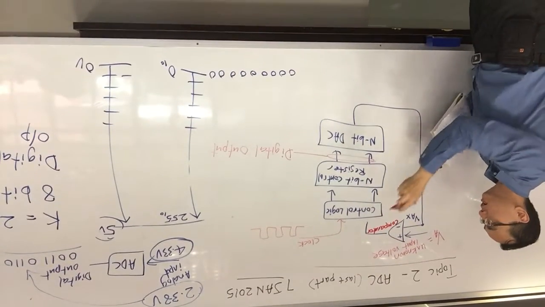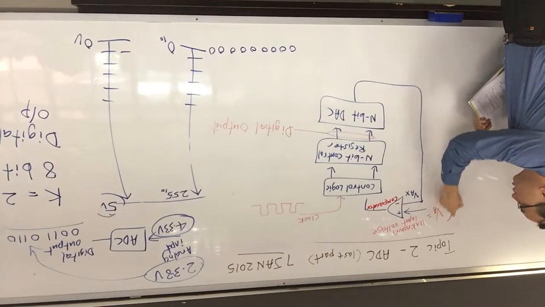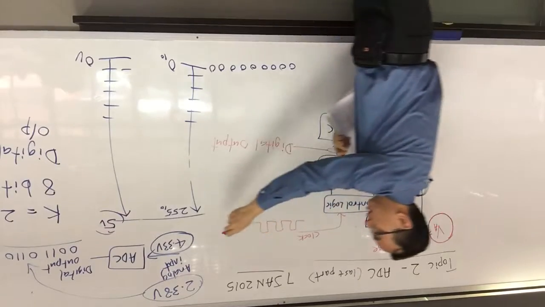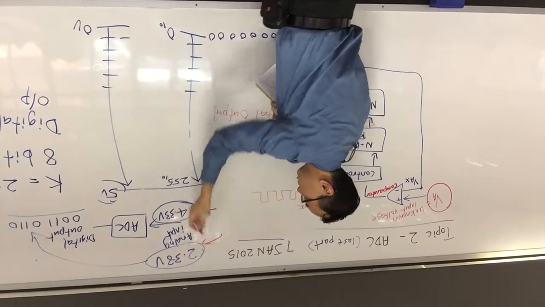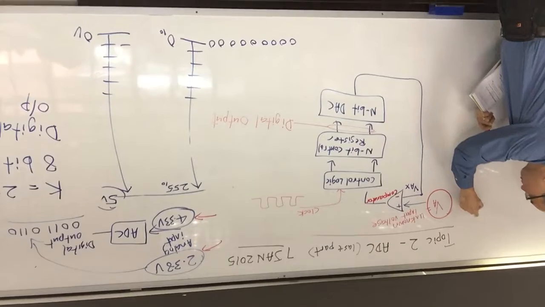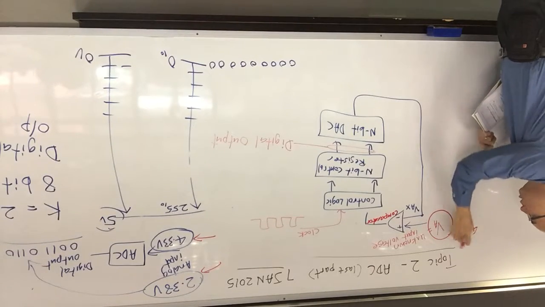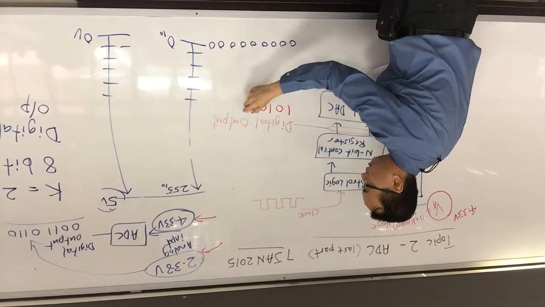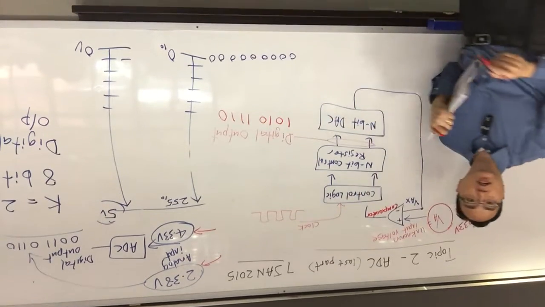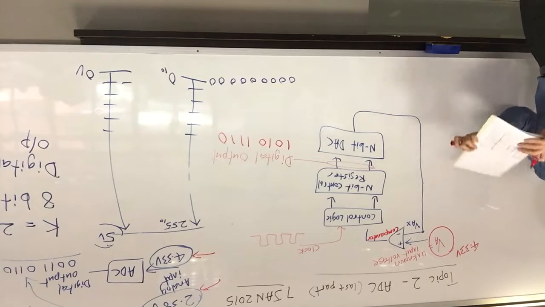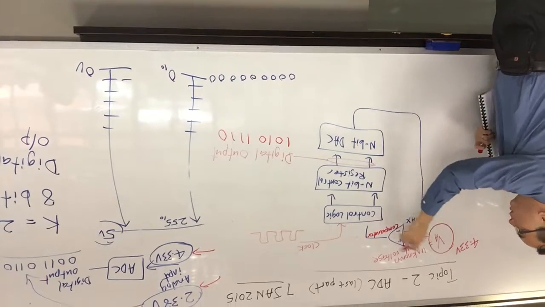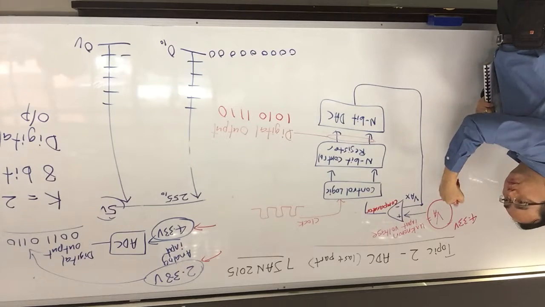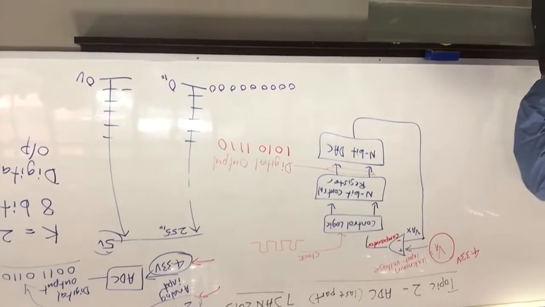When you supply a voltage, this VA is still called the unknown voltage. Maybe you want to supply a voltage, let's say 4.33. I want this voltage to be converted into some binary number. This is just an example. Now what it does is that it will compare. There are some steps that it does.